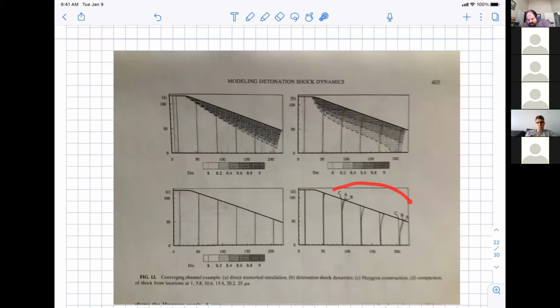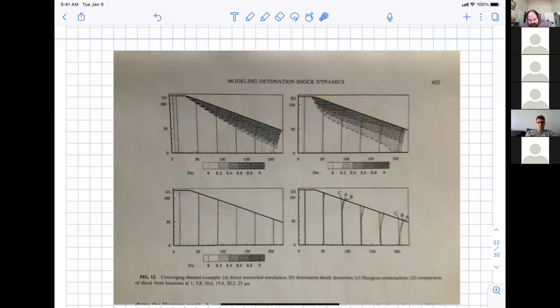And now in this plot here, they compare the results of DSD theory versus the direct numerical simulation. The vertical lines are from Huygens' rule, and you can see there are two lines for each of these curves: one for the DNS calculation, and the other for the DSD calculation.